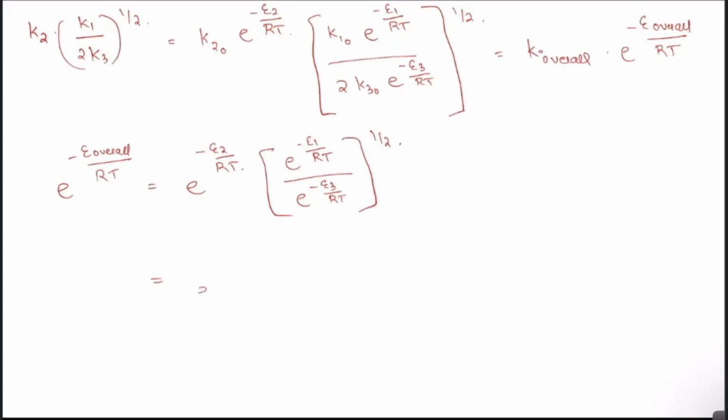If we expand this, we can write it as e raised to minus E2 by RT plus minus E1 by 2 RT minus E3 by 2 RT, and this will be equal to e raised to minus E overall by RT.